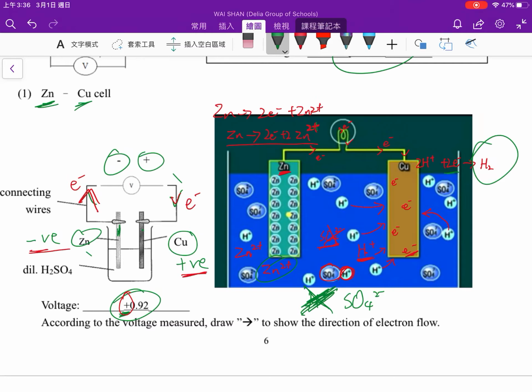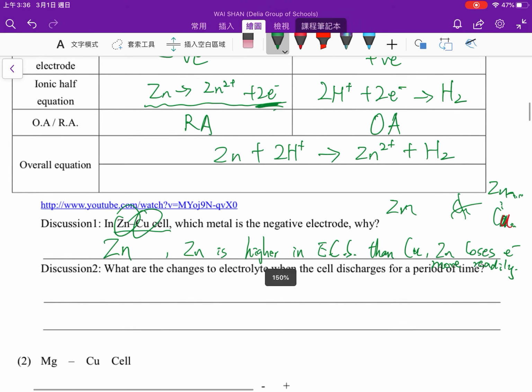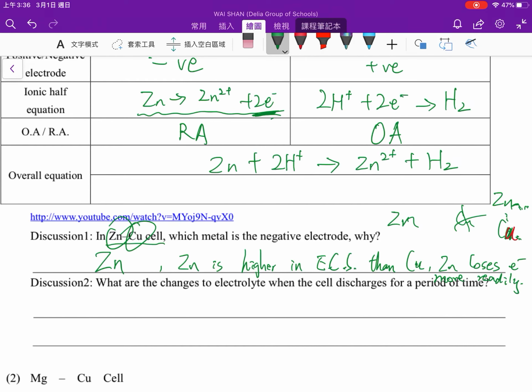But zinc ion is formed from the zinc foil, so there will be zinc ion and sulfate ion. So gradually the electrolyte will change to zinc sulfate gradually.